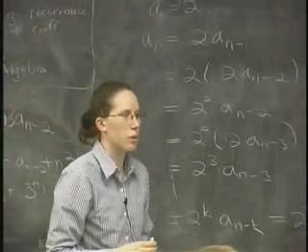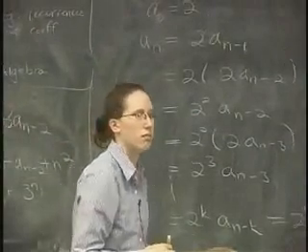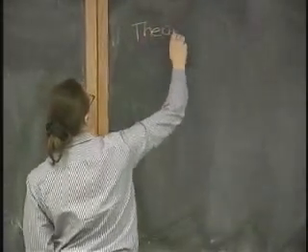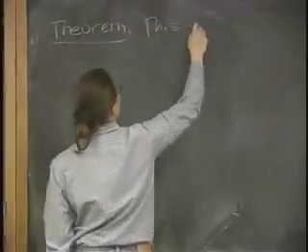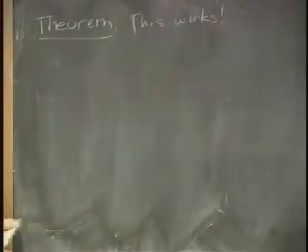So here's the theorem. The theorem says that this does really work. We really can take the roots of this characteristic equation and find the right answer. Okay, so what does that mean?